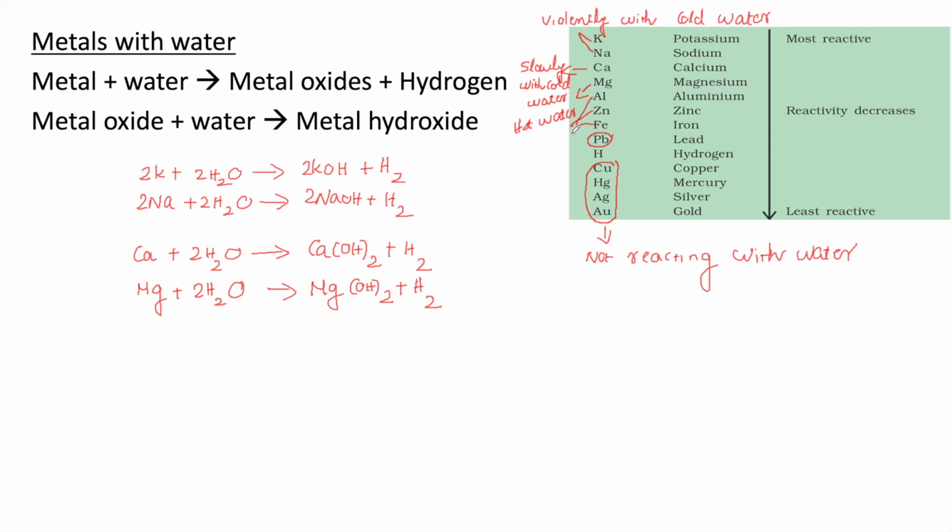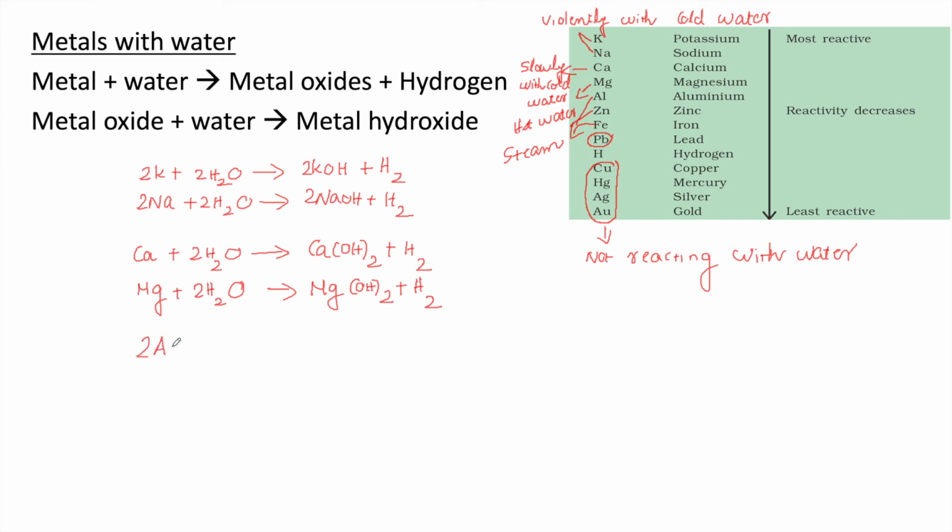Aluminium, zinc and iron, they are neither reacting with cold water nor hot water. They are only reacting with steam. Okay. And the other important point is they are reacting with steam to form oxides of the metals, not the hydroxides. They are just forming the oxides. The reaction of aluminium and iron with steam, I will write here.